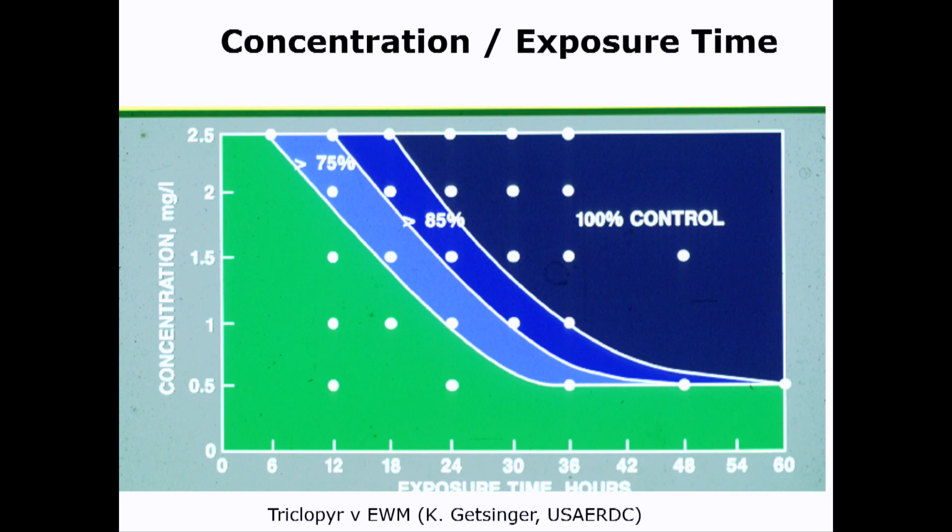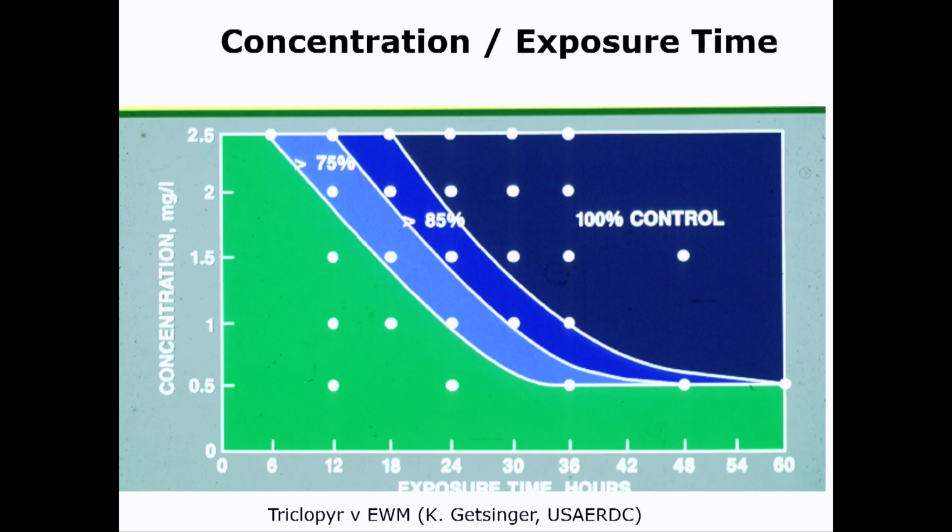And typically we see that contact herbicides have the shortest exposure time requirements. Some, like diquat, for instance, is 3 or 6 hours at a given concentration, is adequate for controlling aquatic weeds in most situations. With something like the auxinic herbicides, a longer exposure time, 18, 24, 36 hours. And then for many of the systemic herbicides, that requirement is in the context of days.